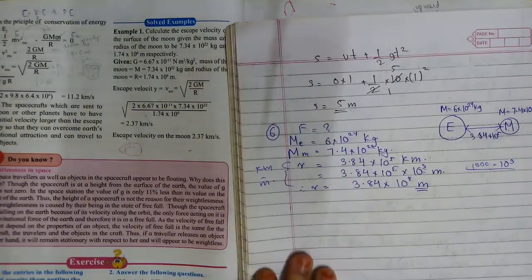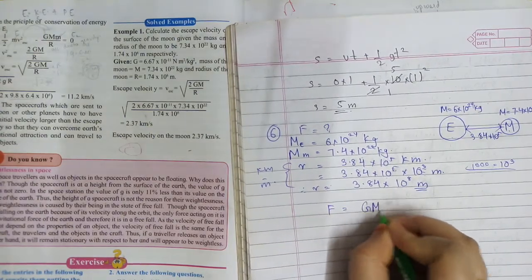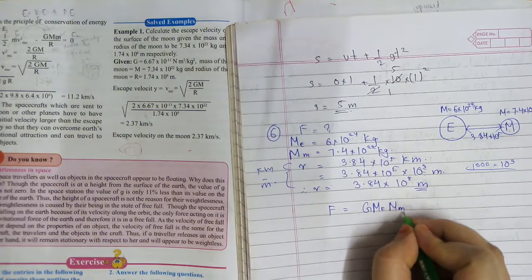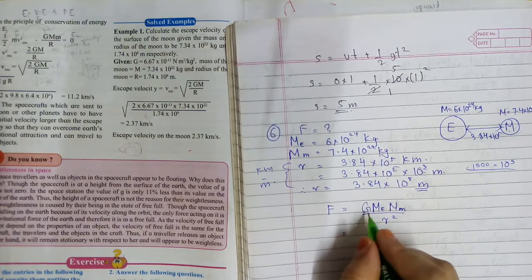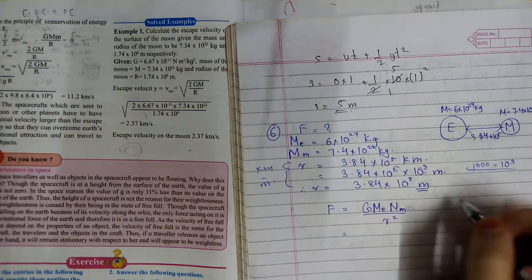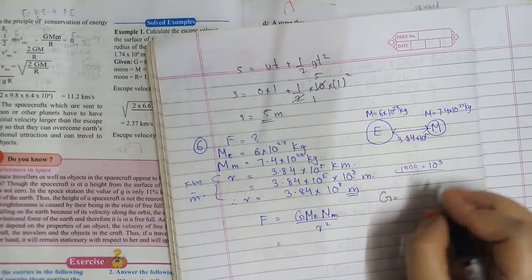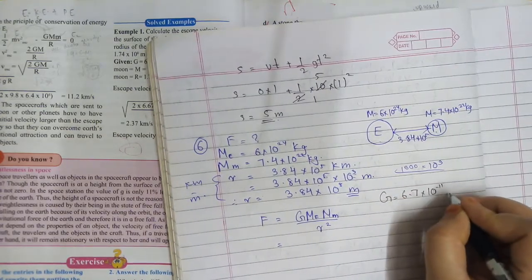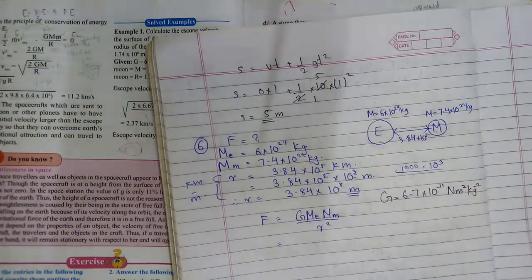All right, so now let's write the formula, that F equals G M E m upon r square. Now let's put in all the values. The value of G, the gravitational constant, is 6.7 into 10 raised to minus 11 Newton meter square per kilogram square.